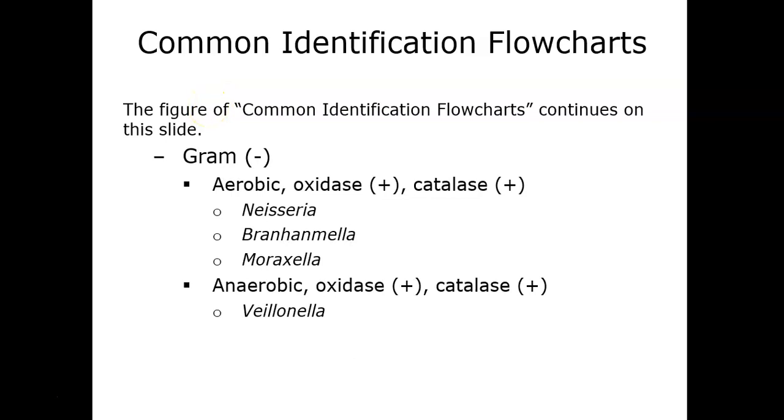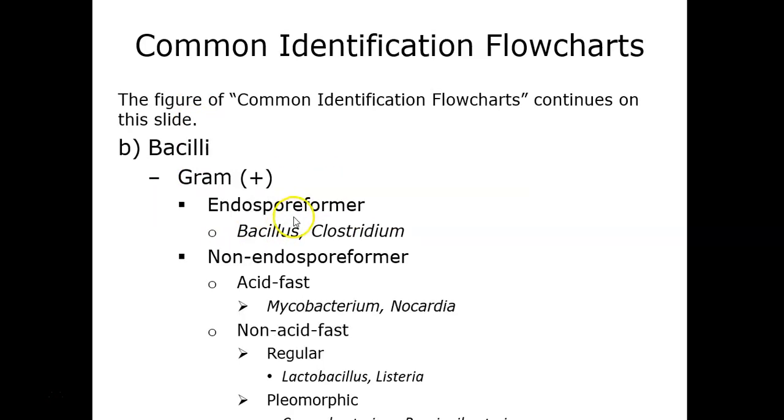And then obviously we have our gram negatives. We're talking about things like Neisseria. And then obviously we can do the same with the bacilli too. We know that our endospore formers are things like Bacillus and Clostridium, a very small group.